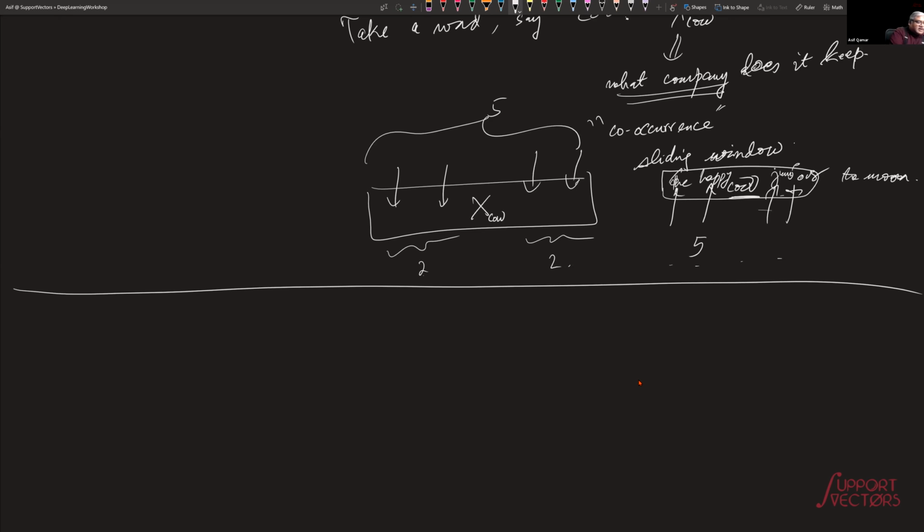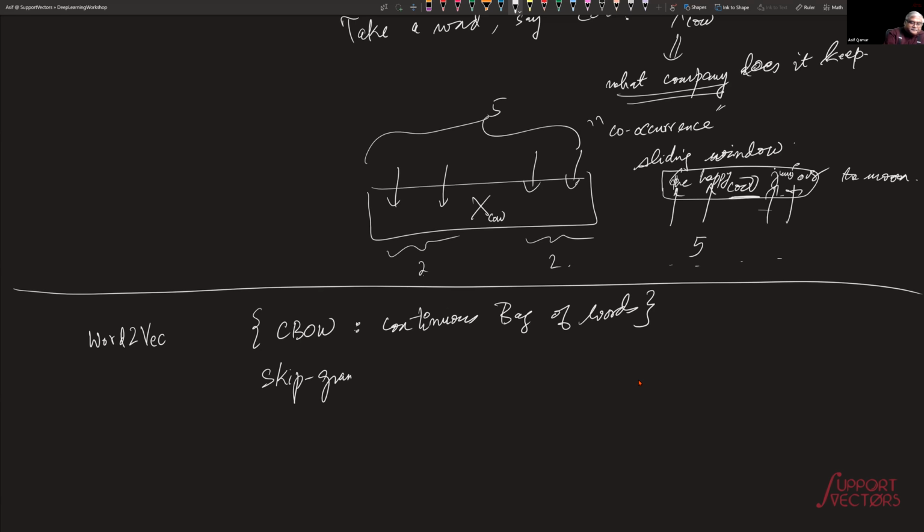They are all in the family of word2vec. The first is CBOW, Continuous Bag of Words. When this comes up, I'll explain what this means, guys. We'll come to it in a moment. The other one is skipgram. Skipgram is literally skipgram.